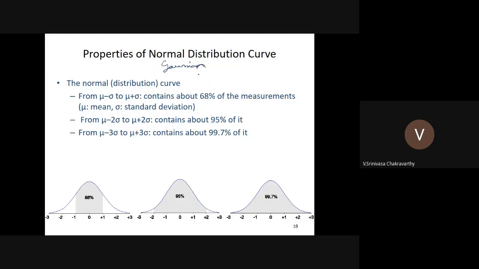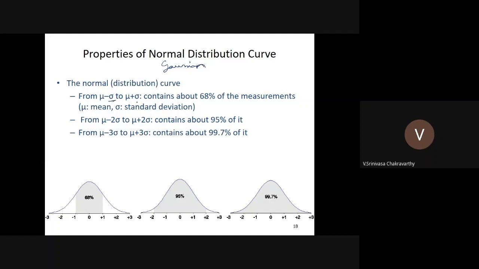So let us just call it a bell curve or a Gaussian or whatever. The mathematical definition I'll give later. For a Gaussian, the mean is 0 and there is some standard deviation. In this normalized form, the mean is 0. If you want the notation, the mean is represented by mu, and the standard deviation is sigma.